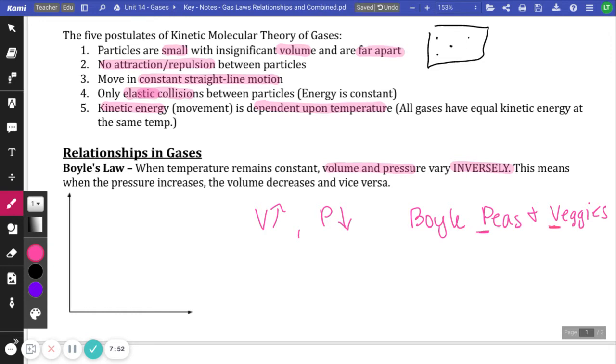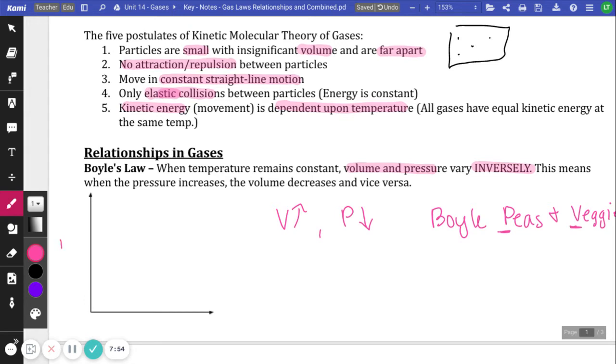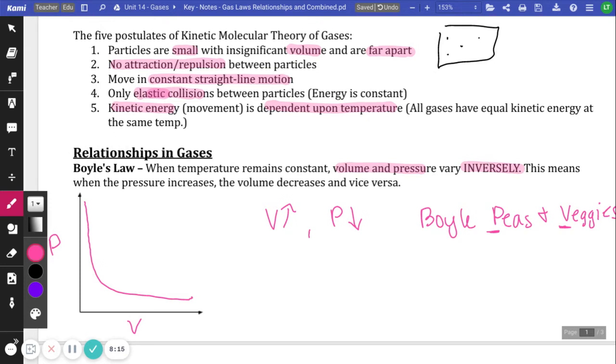If I were to graph Boyle's law, I would have pressure and volume on my graph, and it would be an inverse graph, so it would look like that. As my pressure increases, my volume decreases, and as my pressure decreases, my volume increases. These all have little baby equations that go with them.